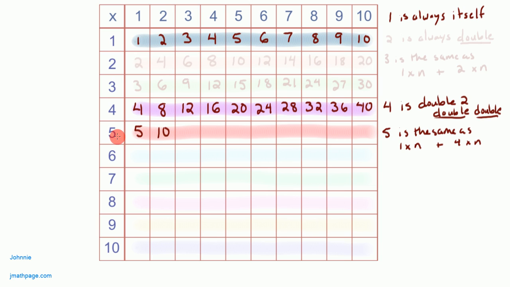Let's keep going. 5 times 3 is the same as 1 times 3 plus 4 times 3.